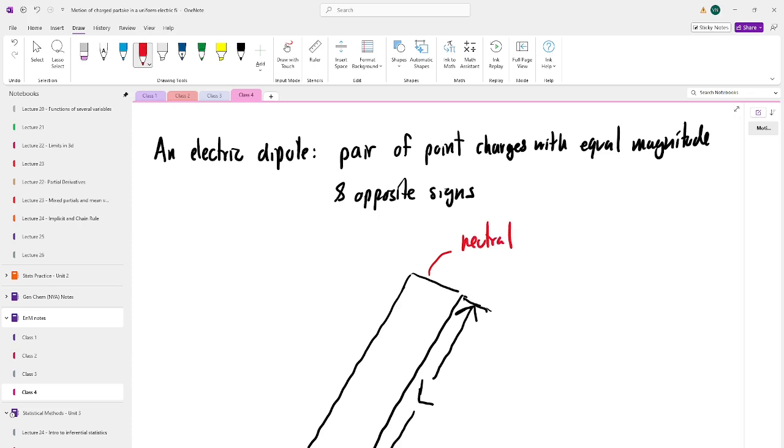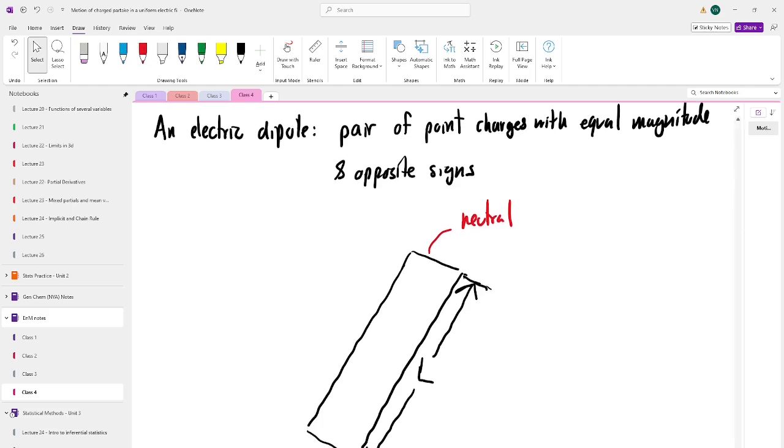However, even if it is neutral, it still contains positive and negative charges, and because it's neutral, the number of those charges is going to be equal. So let's say, just a random number, 3 positive charges and 3 equal negative charges.